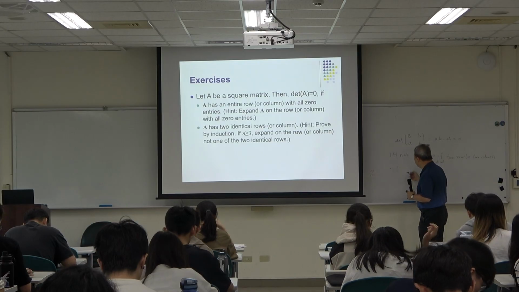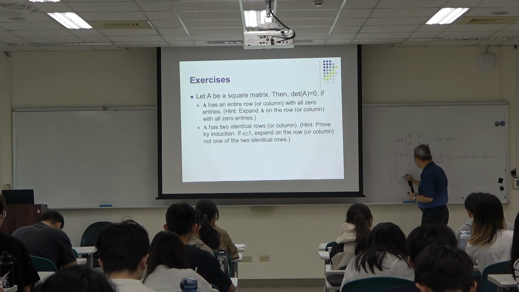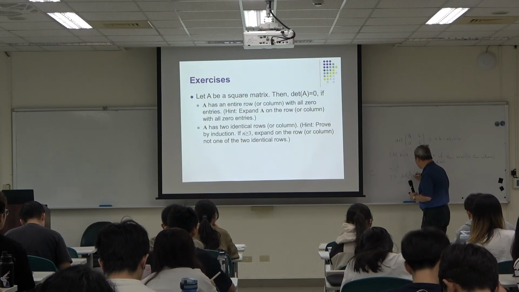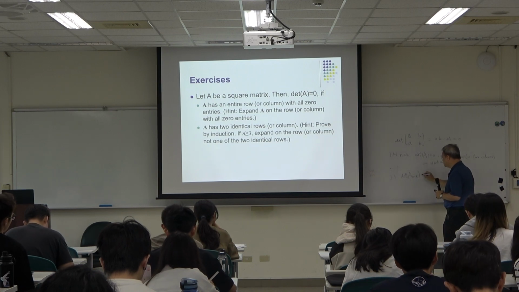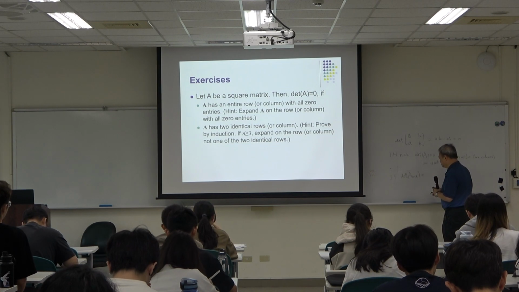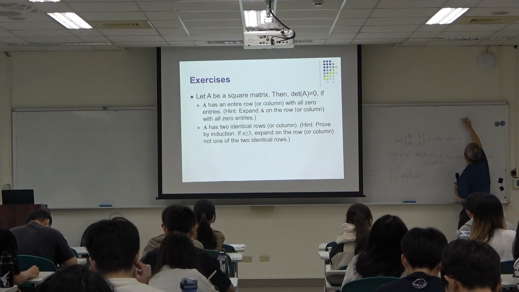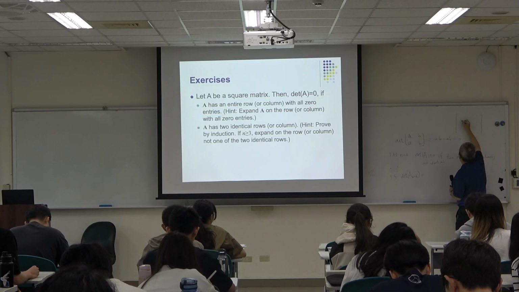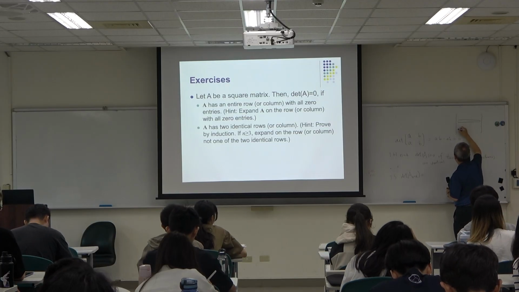Okay. Then the induction step. How about the determinant of A, which is K times K? We can assume, without loss of generality, that these two rows are the same, okay?